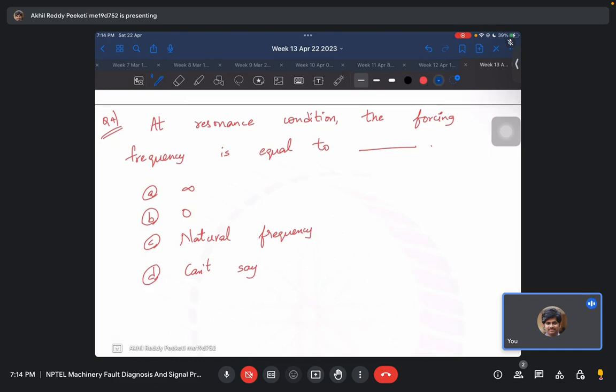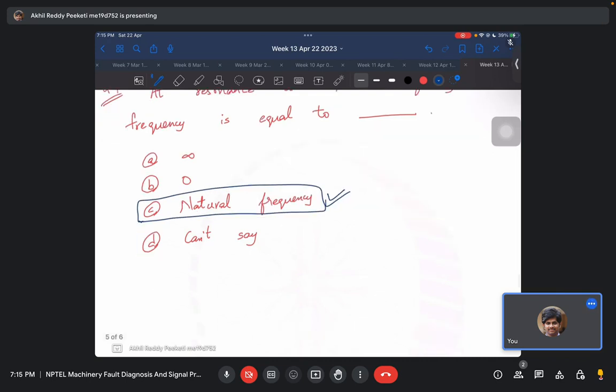At resonance condition, the forcing frequency is equal to infinity, zero, natural frequency, or can't say. So when you are doing any forced vibration, where there is a vibrating system and an external force, and if the frequency of that external force is equal to the natural frequency of the system, then the amplitude of oscillations would be very high. That condition is called resonance, and that happens when the forcing frequency is equal to the natural frequency.